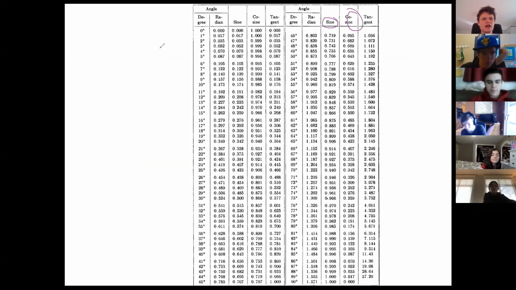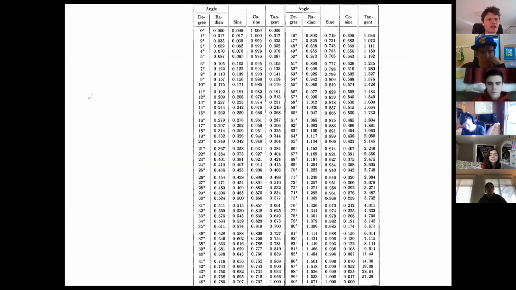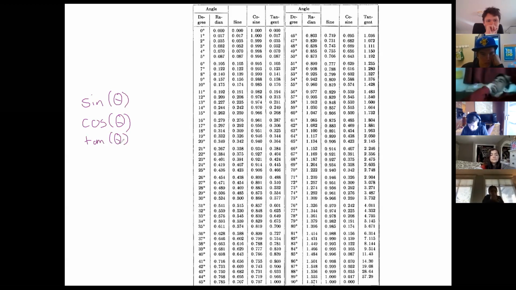Very often these are written as functions like this. Sine is sin, and then we'll have our input, which is usually theta. Cosine is cos, with our input theta, and tangent is tan, with our input theta.